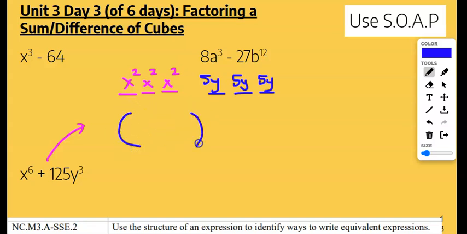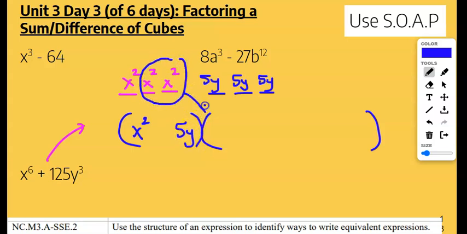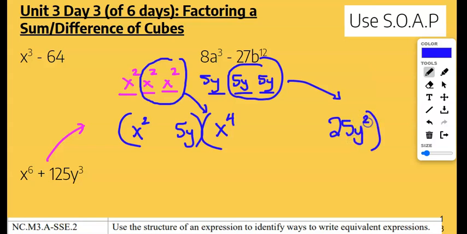Same map. Remember, you need a binomial and a trinomial. Put one of the fronts in the front. Put one of the ones from the back in the back of the first parentheses. Put the other two in the front here, x squared times x squared is x to the fourth. Put two of these in the back spot. 5y times 5y is 25y squared.